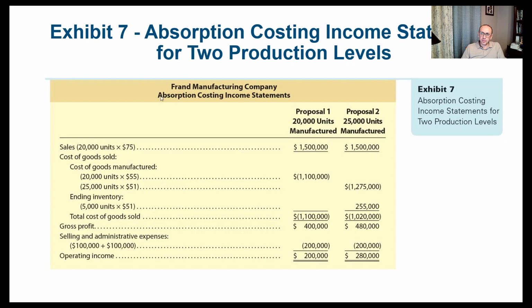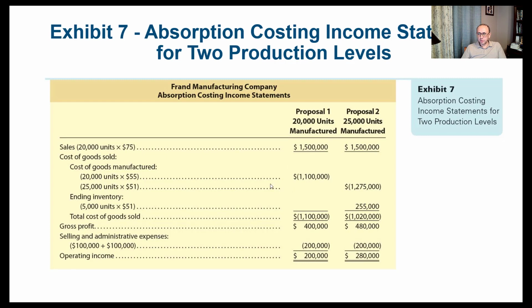So remember, here we're using absorption costing, so sales would be our very first line, 20,000 units at $75, and remember we said the sales are going to be fixed, whether we produce more or less. If we produce more, the extra units manufactured would stay as ending inventory. So our sales are going to be based on the 20,000 units. So $75 each, that would be 1.5 million based on the two proposals.